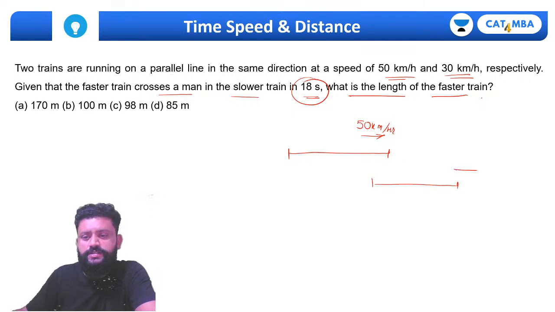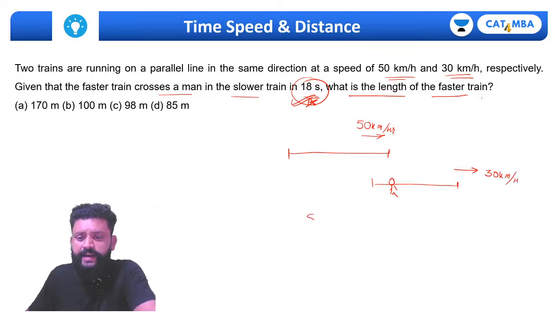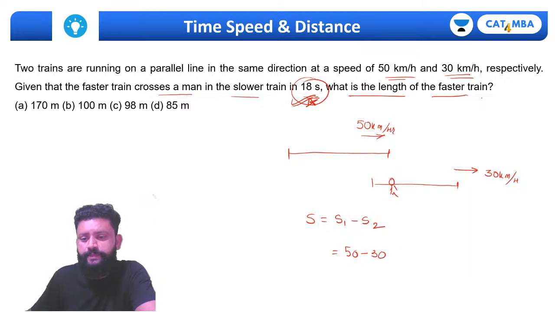So the faster train crosses the person sitting in the slower train in just 18 seconds. That's what we know. And the slow train is moving with the speed of 30 km per hour. So what is the relative speed? It has to be S1 minus S2, which comes out to be 50 minus 30. That's 20 kilometers per hour.